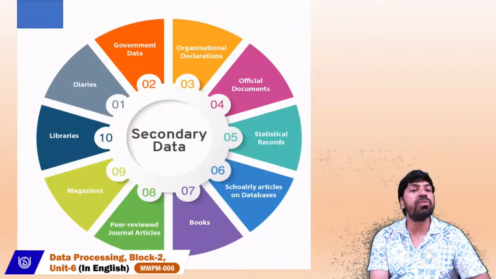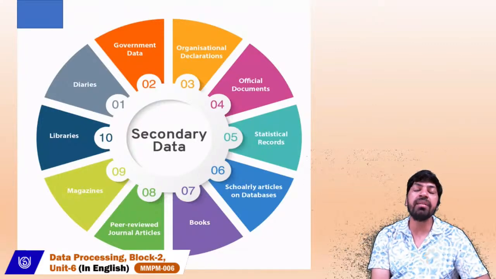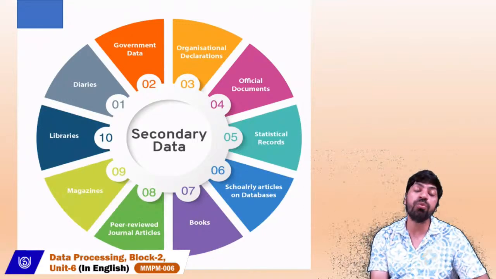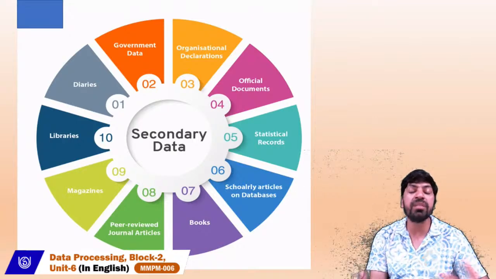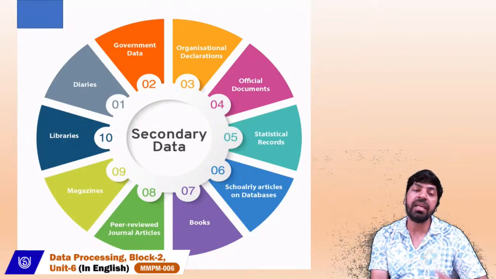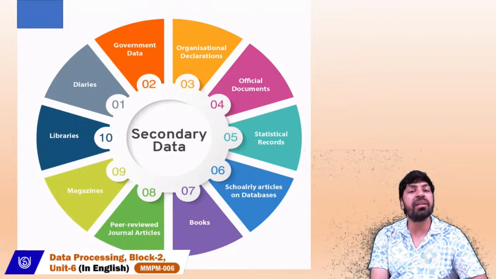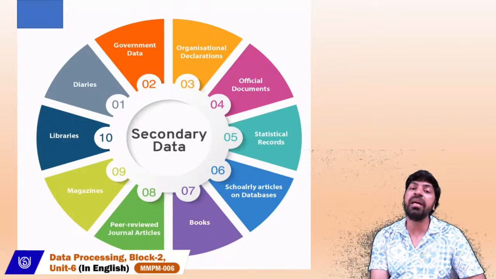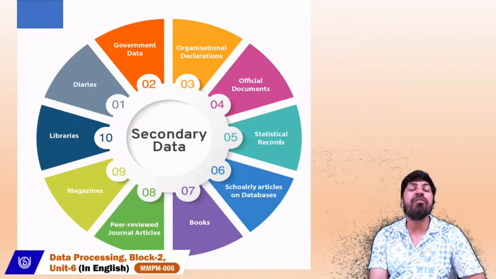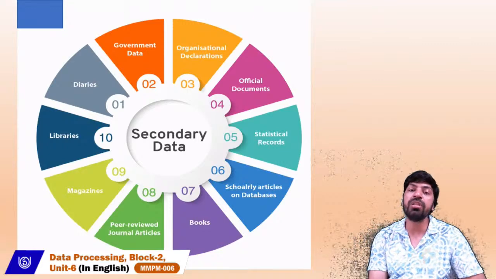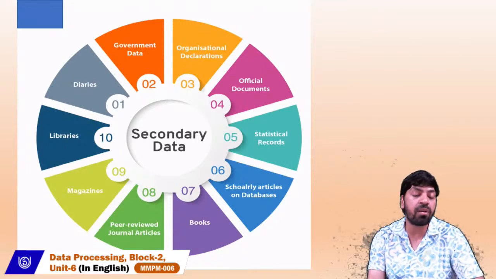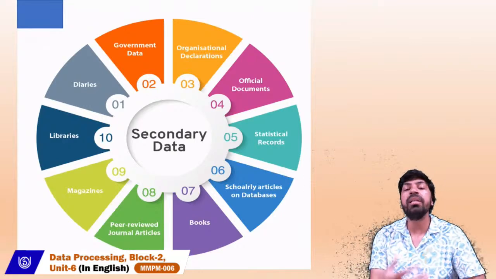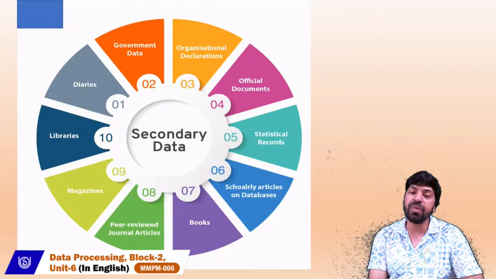So these are the sources of secondary data, that is, how a researcher collects data from different sources. They are organizational declarations, any organizational reports declared on online platforms, and official documents disclosed by the organizations or companies the researcher is willing to research, available online as well.